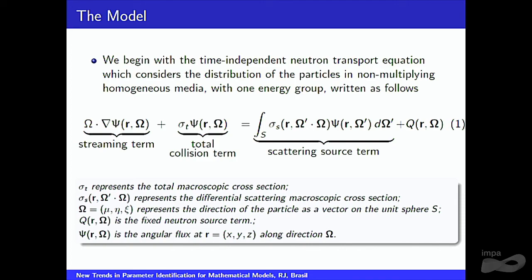And we have here some important terms in this model. That's what we call the streaming term, and the terms related to the collisions. That comes from a balance I'm going to mention.